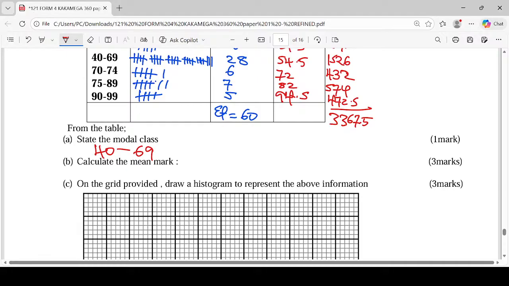So now we can calculate the mean. You say that the mean x bar is given by summation of fx over summation of f. Summation of fx is 3367.5 divided by 60.